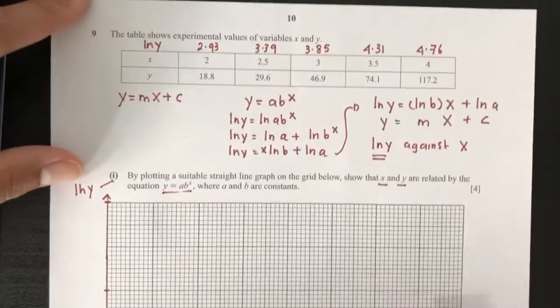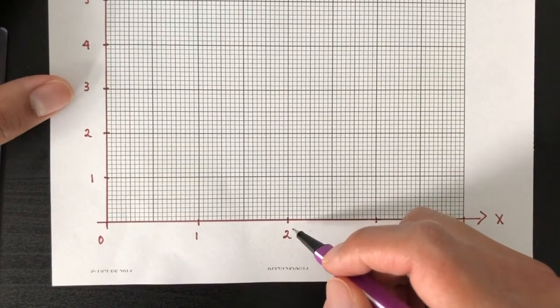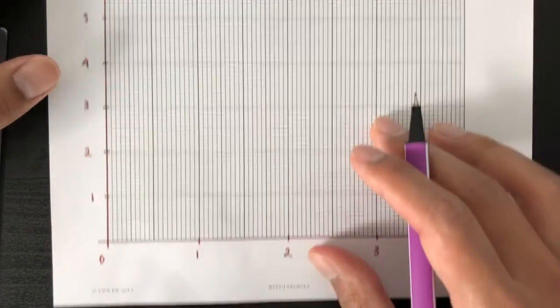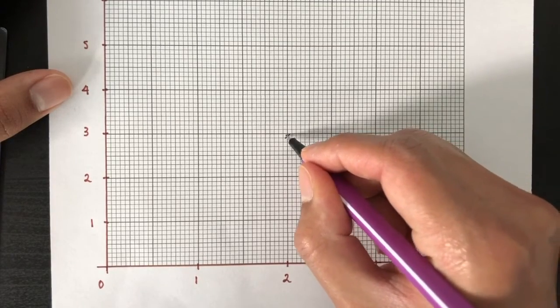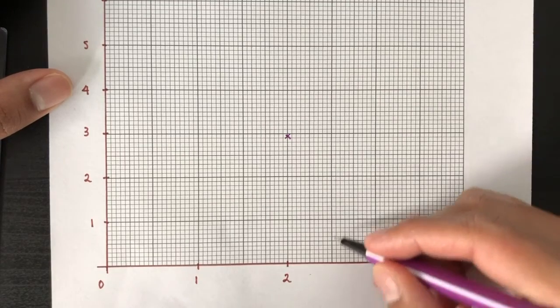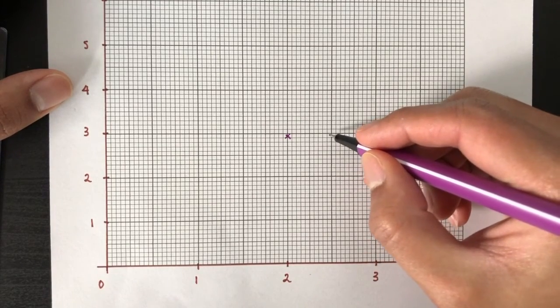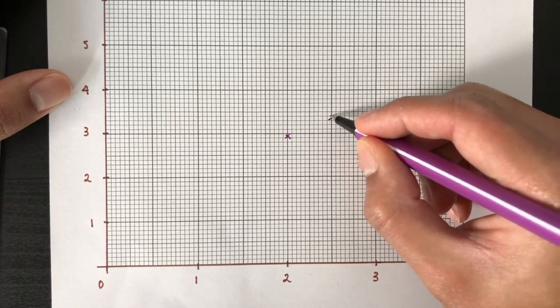The first point is we have x is equal to 2 and ln y is 2.93. So 2 will be here and 2.93 should be about here. Then we have 2.5, 3.39, should be about here.